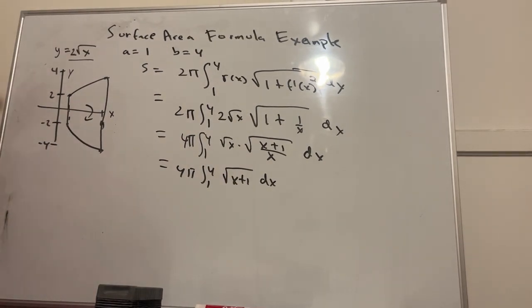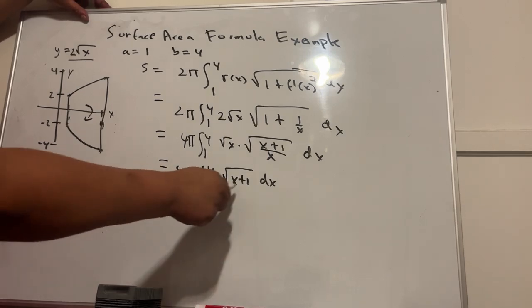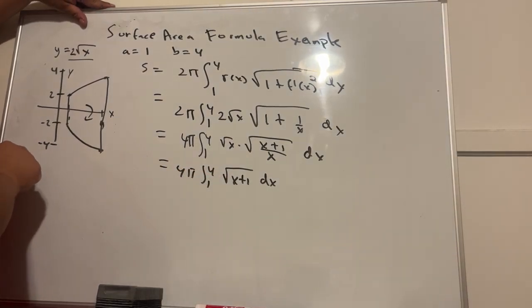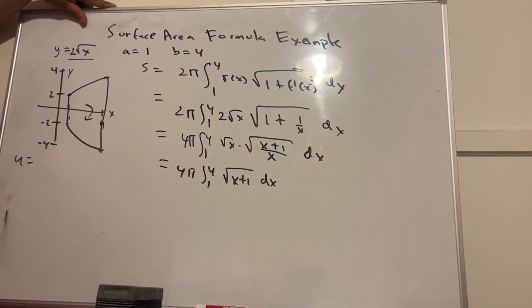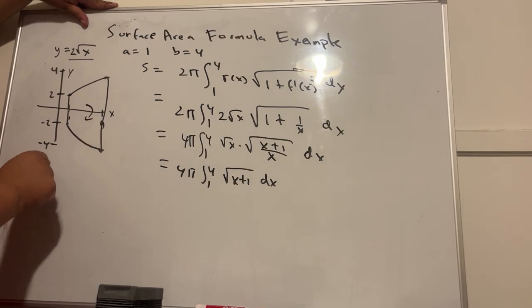okay. Now we're going to use u substitution to do this integral. So u is equal to x plus 1, u prime is equal to 1.